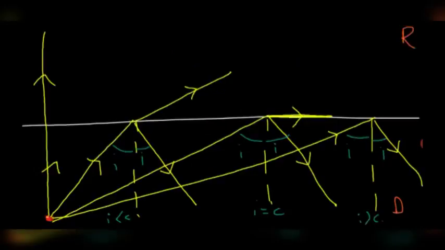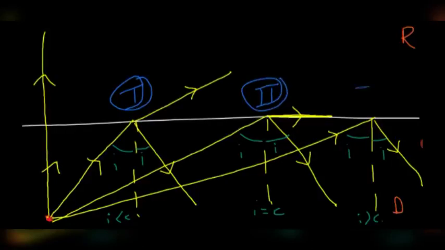So here in the diagram, in the first case, some part is reflected and some part is refracted. In the second case, again some part is reflected and some part is refracted. Here total reflection is occurring, with no refraction.